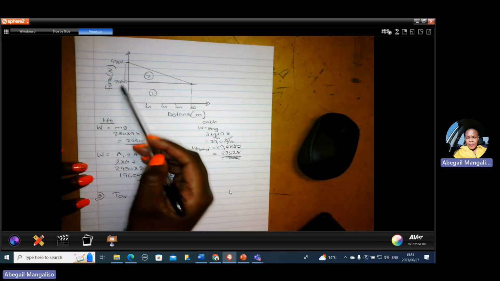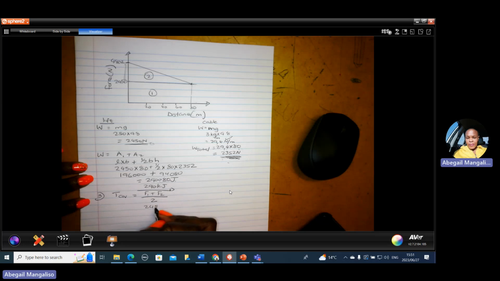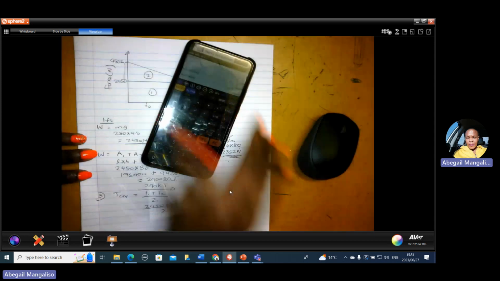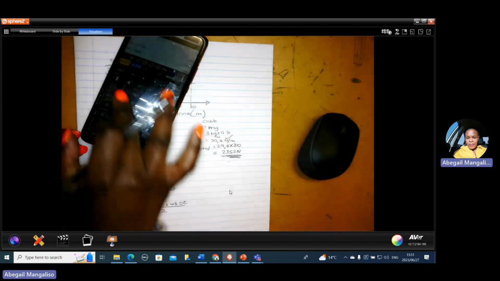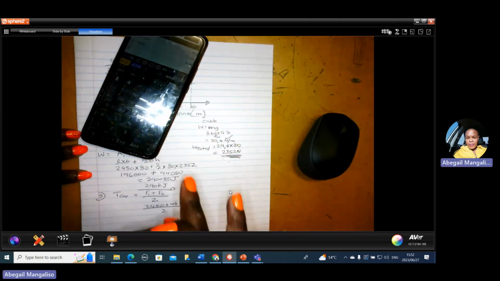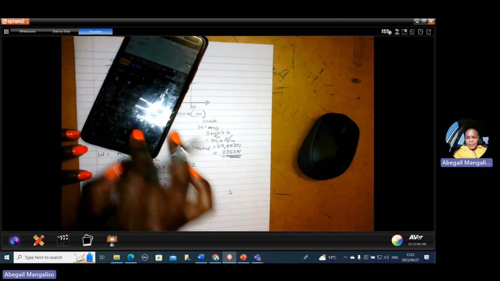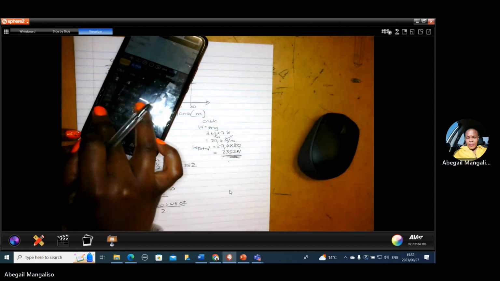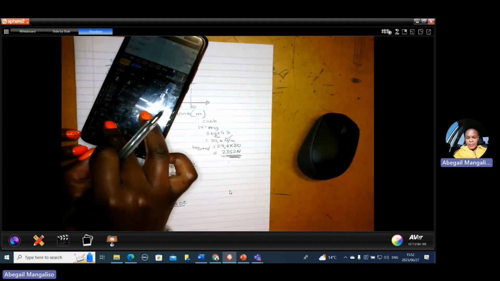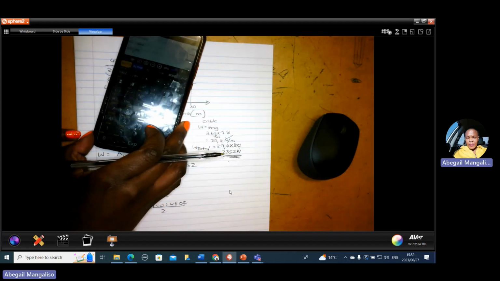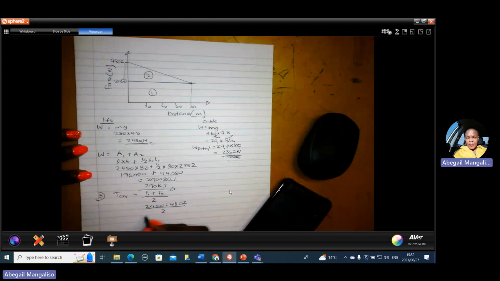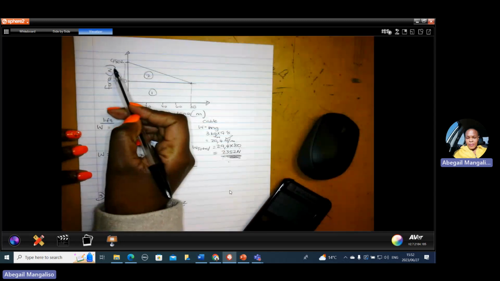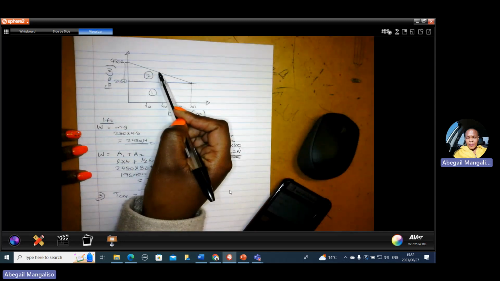The first tension we have is 2450, and the second one is 4802. We divide both by 2. You use your calculator: 2450 plus 4802, then divide by 2 to get the average, which is 3626 newtons. It is the value that falls between these two.